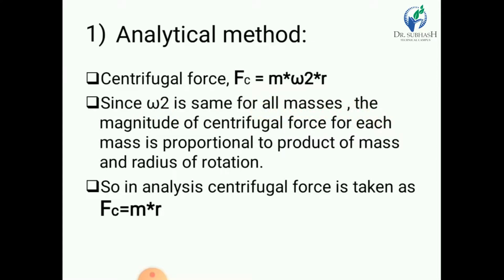For Fc1 it is m1 omega square r1, and for Fc2 it is m2 omega square r2. So the magnitude of centrifugal force for each mass is proportional to the product of mass and radius of rotation. In the analysis, we consider centrifugal force as m into r, in kg into meter.